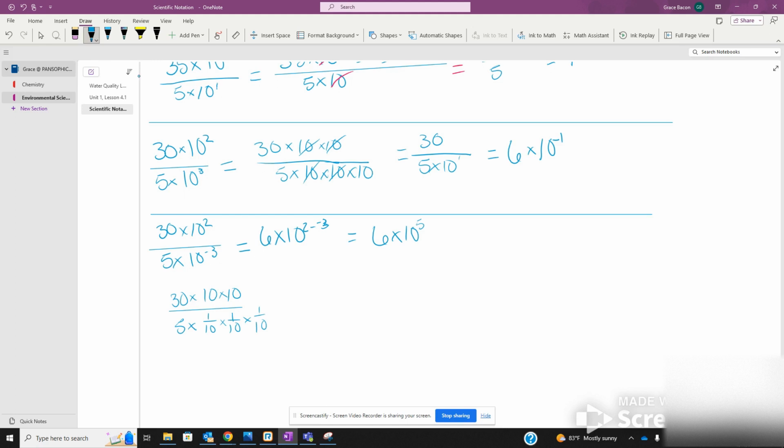And again, this part, you don't have to do this every time. So if you're like, I don't remember doing this with fractions at all, then just use the rule and you'll be okay. But this is the same as saying nothing. So that would just be 5, which gives me 6 times 10 to the 5th.